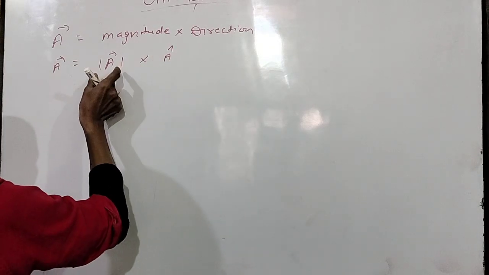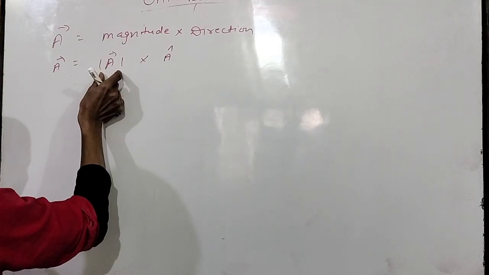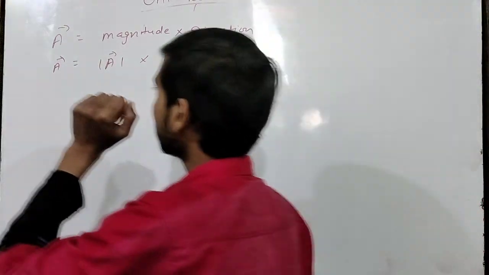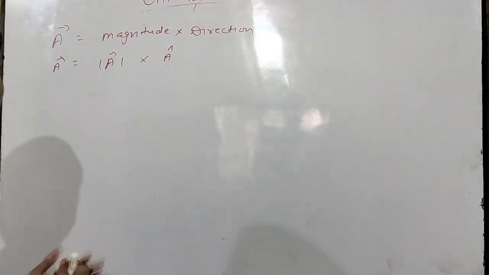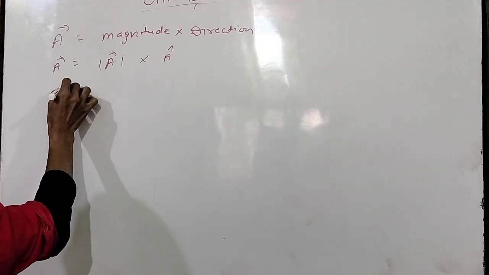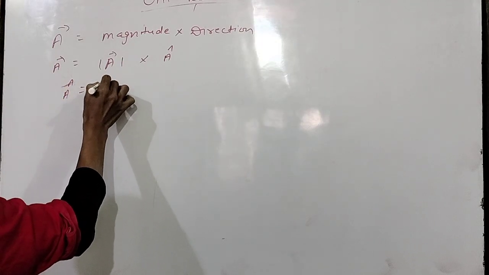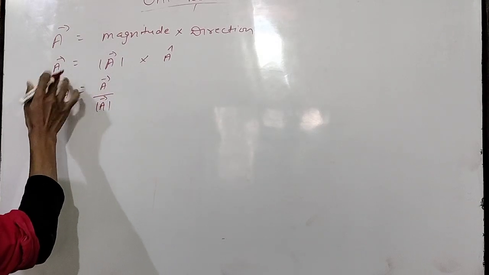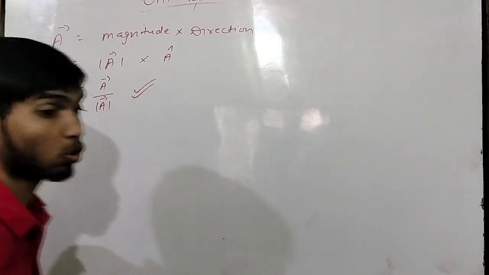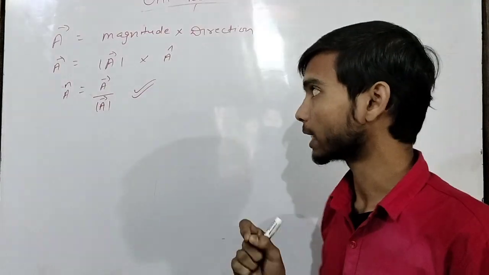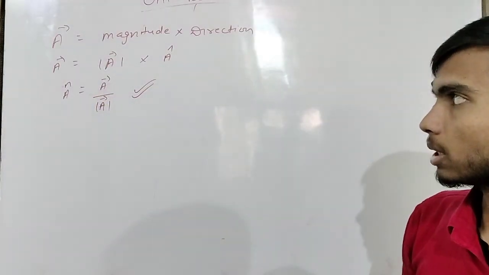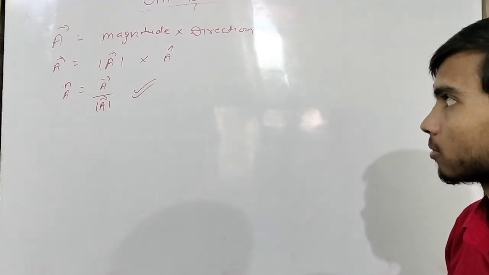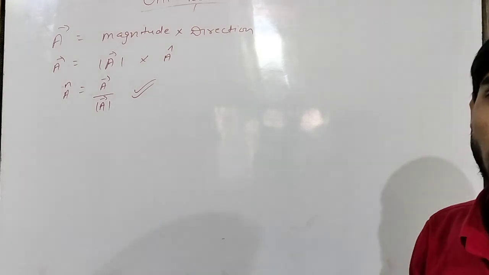Now we found the magnitude of the given vector. What if we only want to get the direction? In that case, you will have to write a cap, which is the vector upon the mod of the vector. From this you will get only the direction, a cap, and in the coming questions we are going to apply this formula.